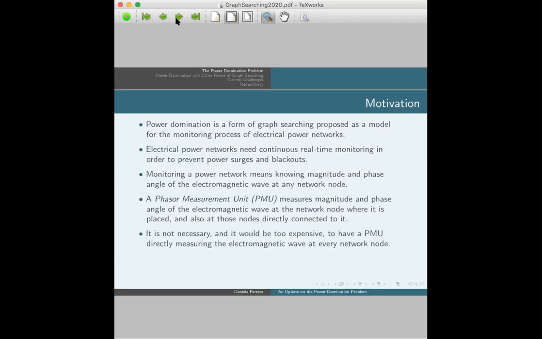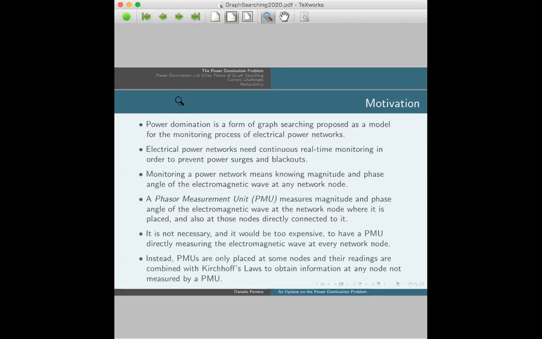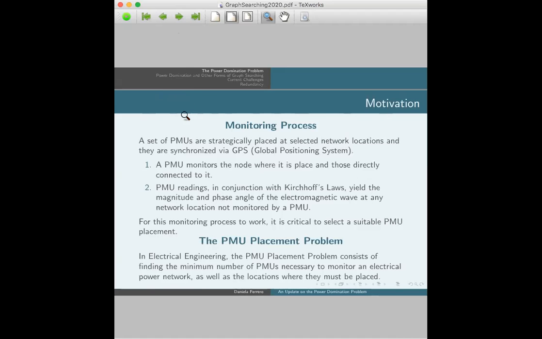So we put PMUs at some places, and then we combine the readings of these PMUs with Kirchhoff's laws and obtain the information at any other nodes without a PMU. The monitoring process, in a nutshell, works like this.